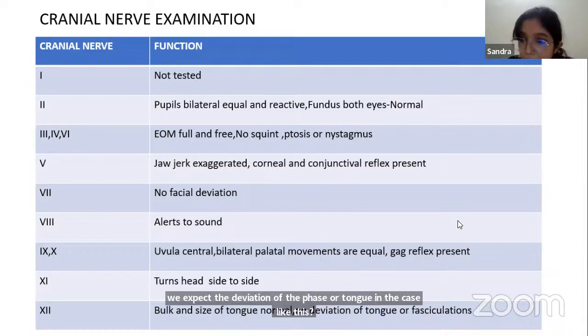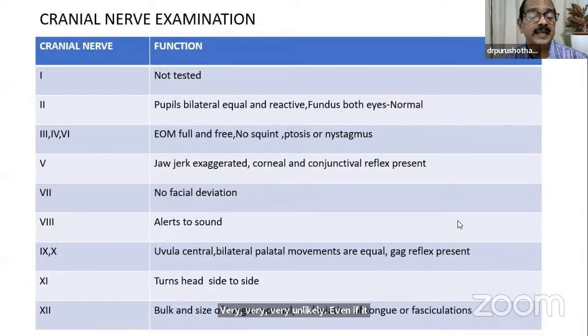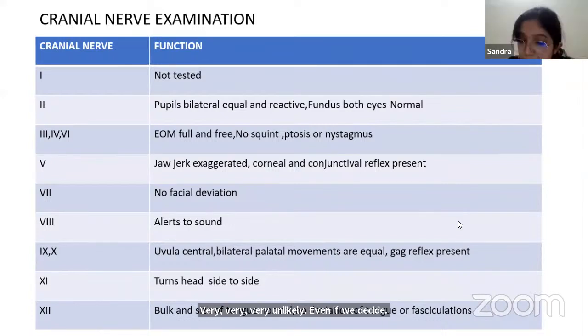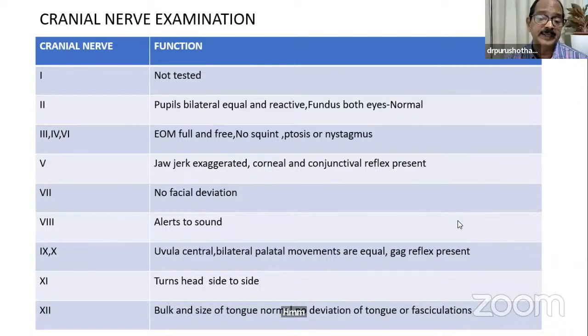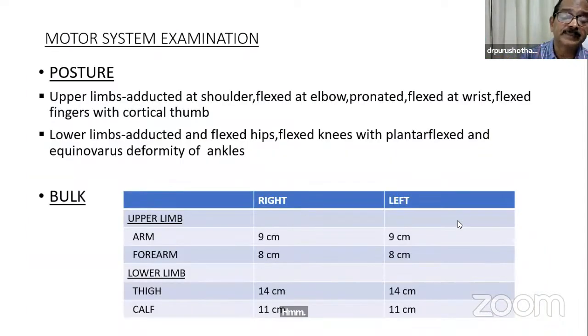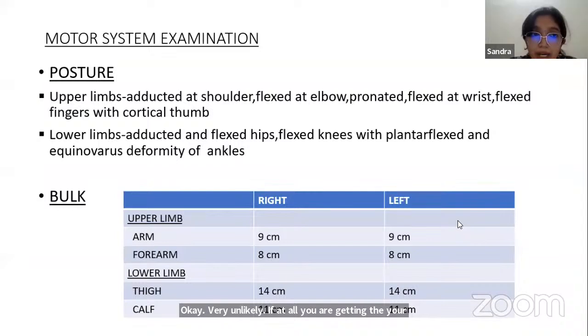No, sir. Very unlikely. Even if it is a hemiplegic type of CP, a deviation of the tongue or face will not be there. If at all you are getting the UMN, it will be a bilateral situation. Okay. Posture, upper limbs adducted at shoulder, flexed at elbow.